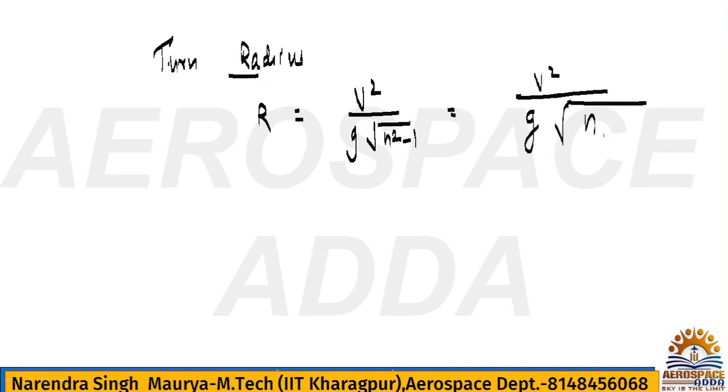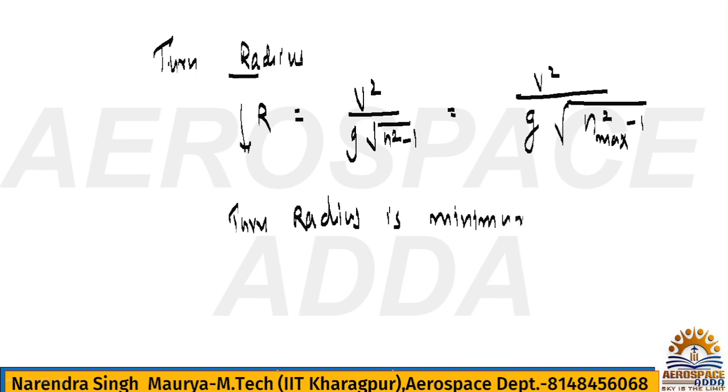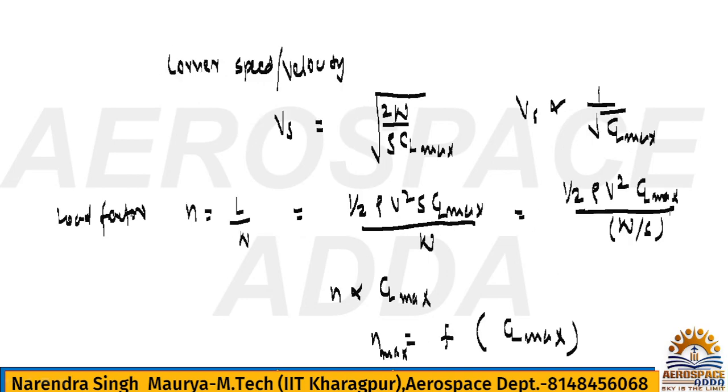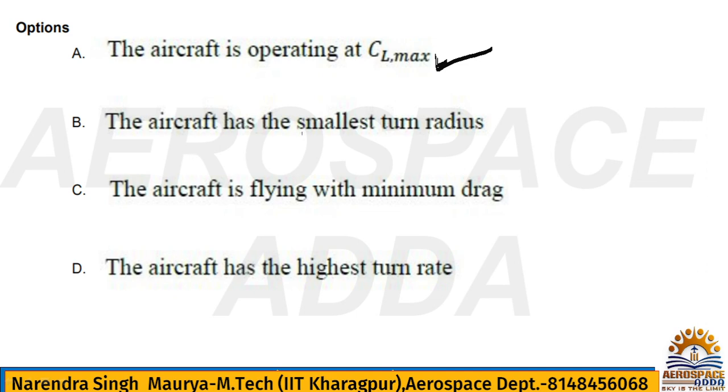If this value is maximum, then the turn radius will be minimum at point Q. Everything we are talking about at point Q is minimum or smallest. So the aircraft has the smallest turn radius. This is also correct.